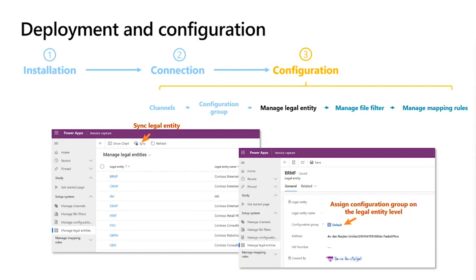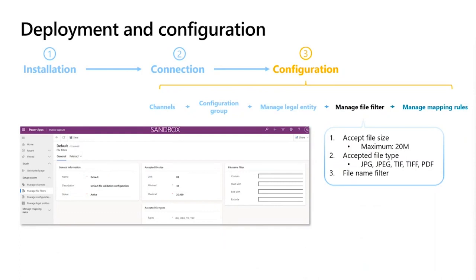So from here, you'll manage your legal entities. You'll sync them, and then you'll also be able to associate the configuration group with each legal entity. You also need to manage your file filters. Your file filters will set up your maximum size and what type of files.